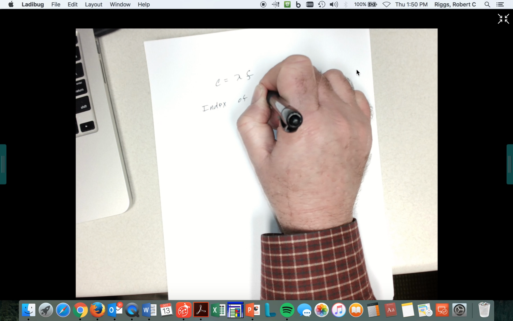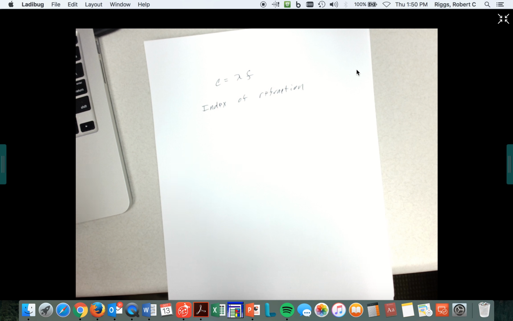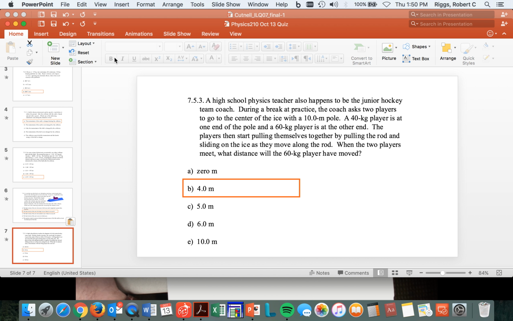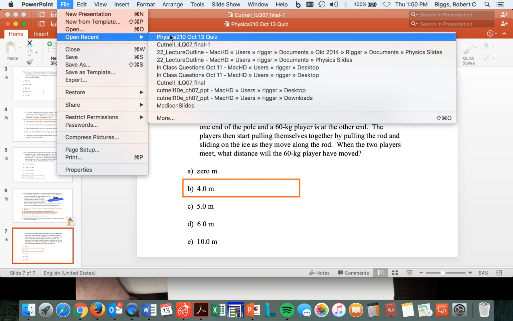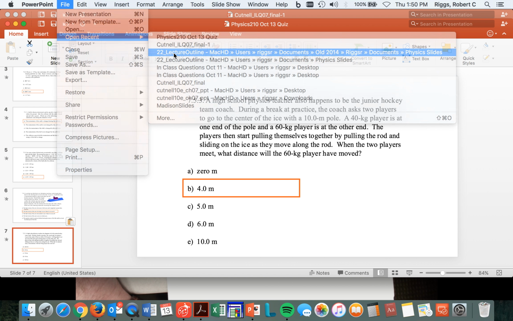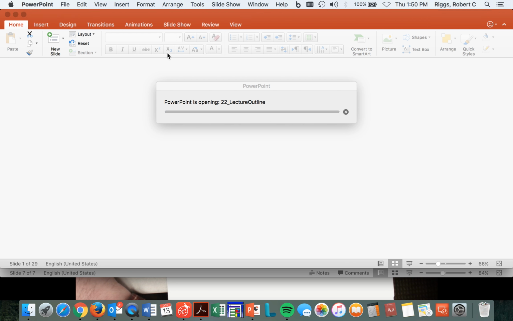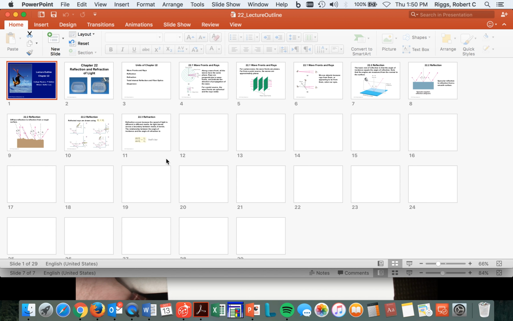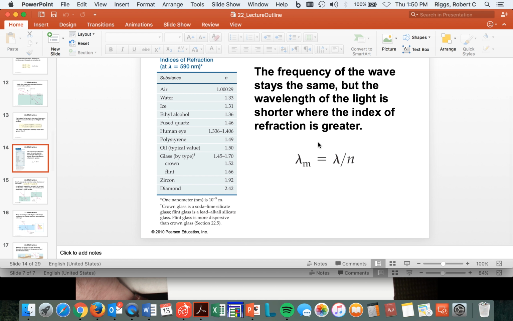Just wanted to make sure that we did this index of refraction. On your lecture notes, on your slides that are loaded on Blackboard for you, they give all the different indexes of refraction of different materials.